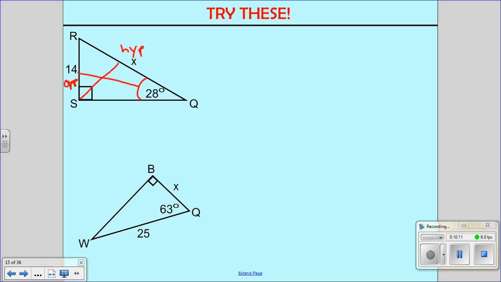So what trig function can I use that involves opposite and hypotenuse? Sine, exactly. So that means the sine of 28 degrees is equal to the side opposite, which is 14 over the hypotenuse, which is x. Now please finish this one and isolate x. Round x to 2 decimal places.